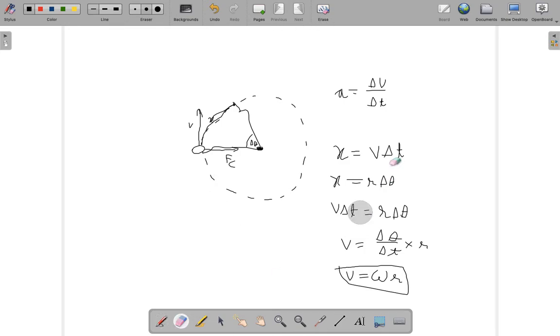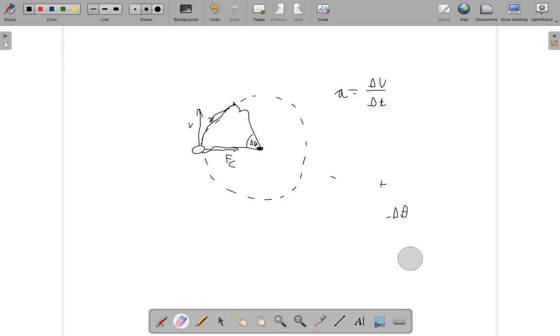So now moving back to acceleration. Let me get rid of this. Now I also showed you that our velocity equals the change in angle over the change in time times the radius. So our change in velocity is actually equal to the velocity times the change in angle.